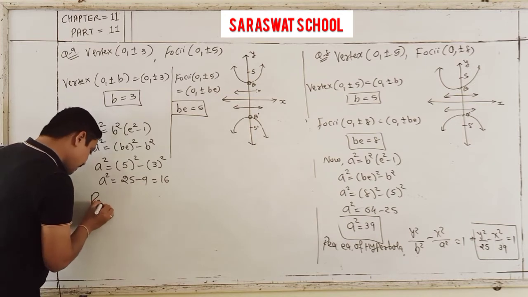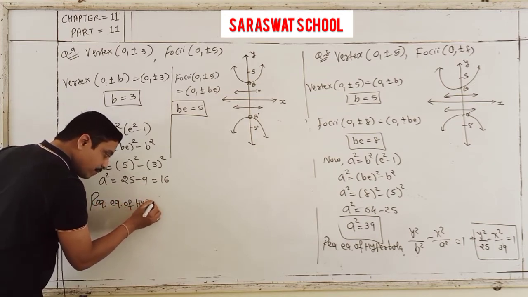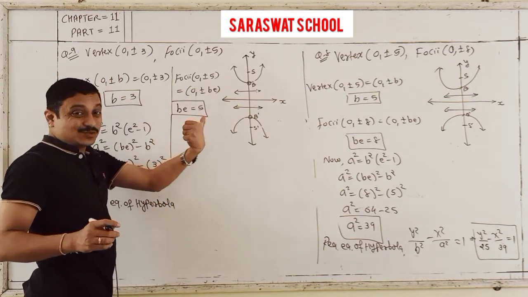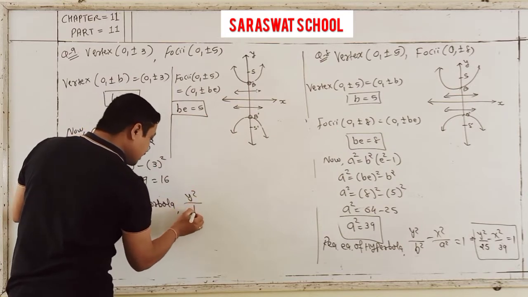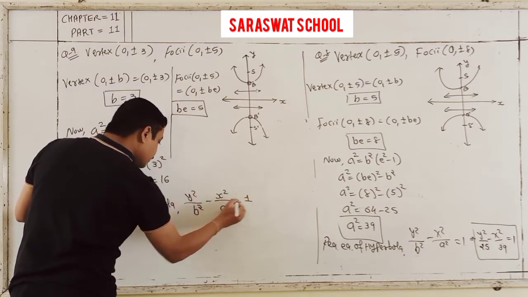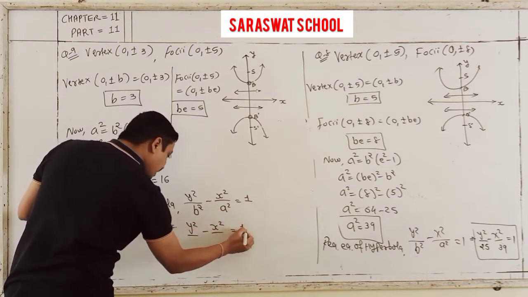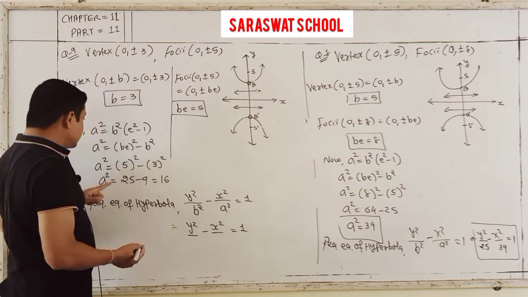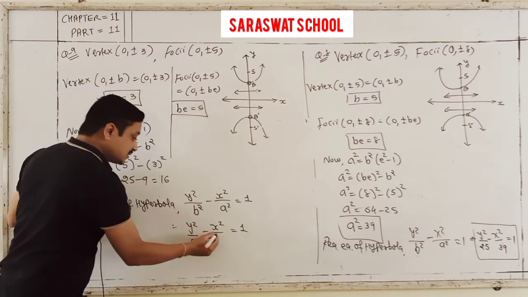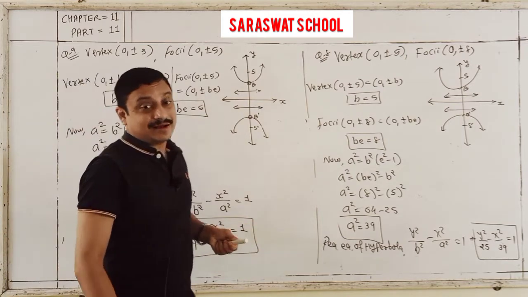So the required equation of the hyperbola with major axis on the y-axis, y square by b square minus x square by a square is equal to 1, is your final answer. What is b square? 3 square, 9. Now a square is 16, and that's the final equation of the hyperbola.